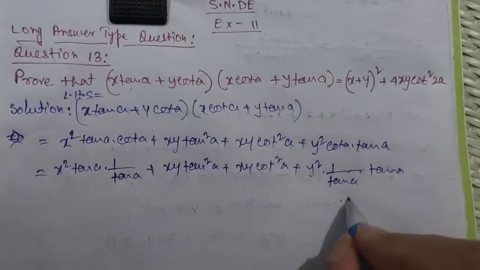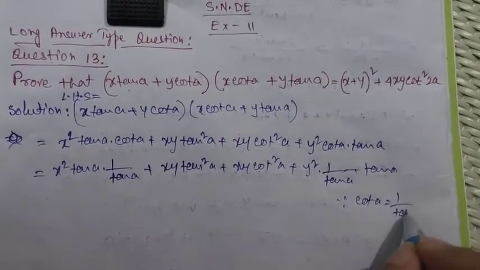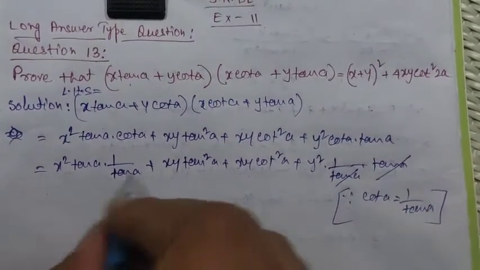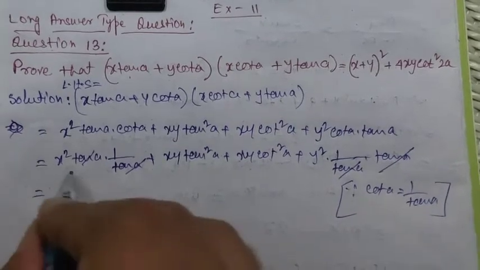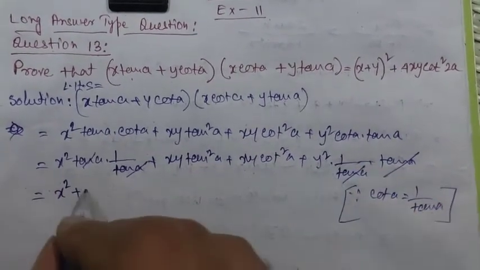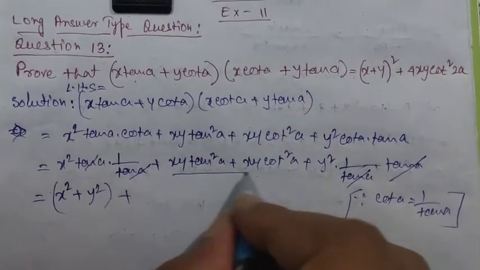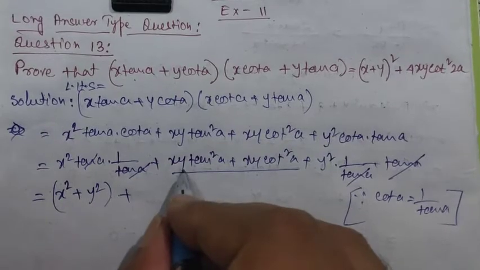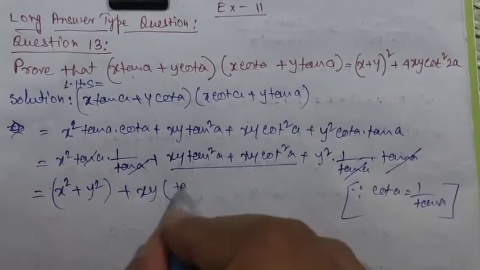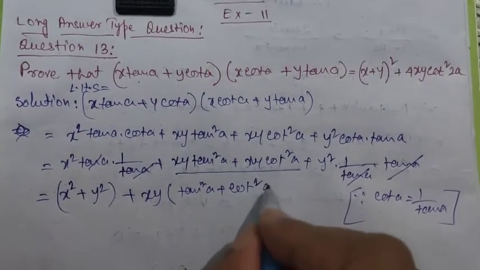Here I am showing you cot a equals 1 by tan a, we know this formula. So tan a will be cancelled. So here we can write x² plus y², and from these two terms we will take xy as common. So after taking common we will get tan² a plus cot² a.